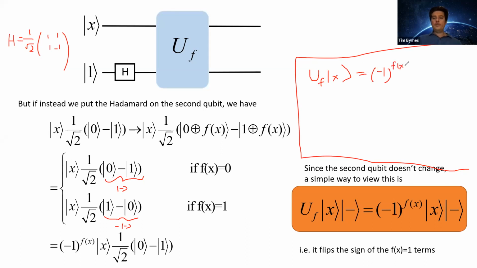Okay. Now it's obvious that this is also a unitary operation. Remember, we were all worried that U might not be unitary. Now it's obvious this is unitary because, again, if you apply Uf twice, then this is equal to minus 1 to the power of 2 f of x, and that is just 1, since minus 1 squared is 1.